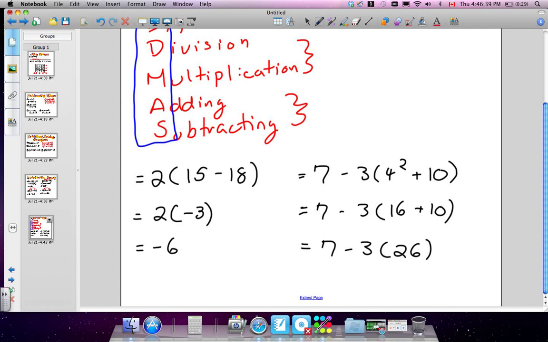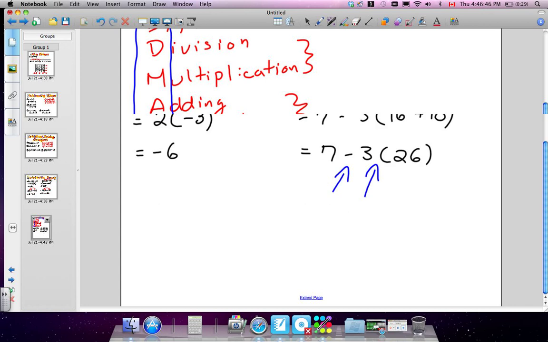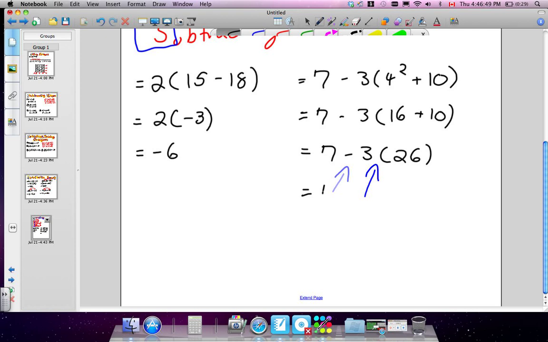Now if we take a look, looks again like I have a subtraction question, but I also have a multiplication question. I deal with the multiplication first, right, according to our rules. So I have 7, and this is negative 3 times positive 26. So first of all, is it going to be a positive or negative answer? Negative.